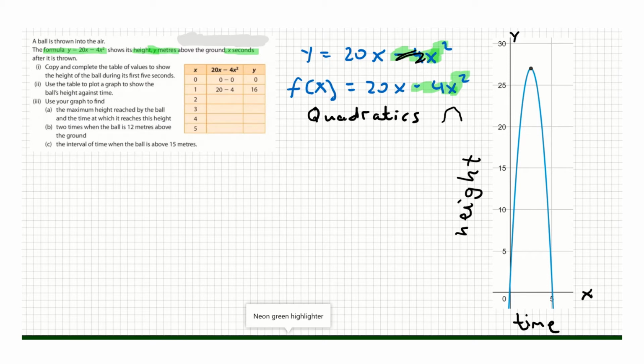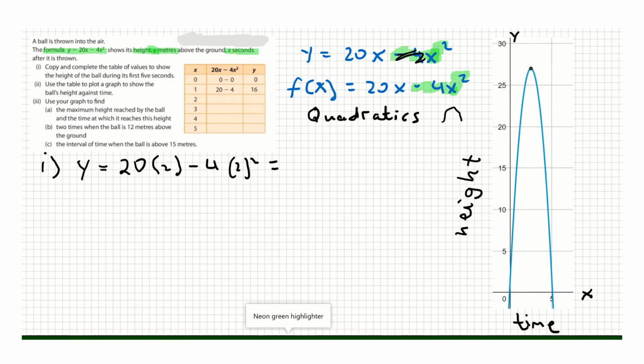Copy and complete the table of values in part 1 here to show the height of the ball for its first 5 seconds. So you could do this manually by substitution. So for x equal 2, they have 0 and 1 done for you, you'd have y equals 20 times 2 instead of x, minus 4 times 2 squared.